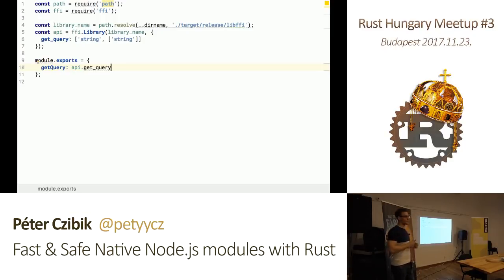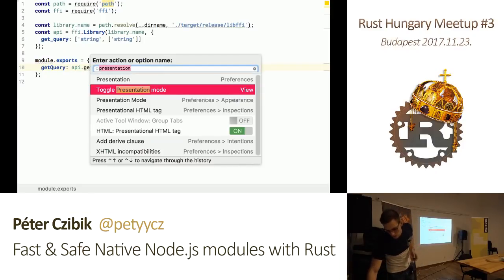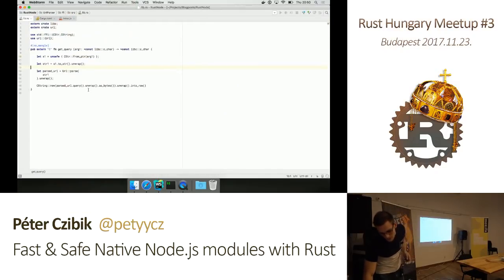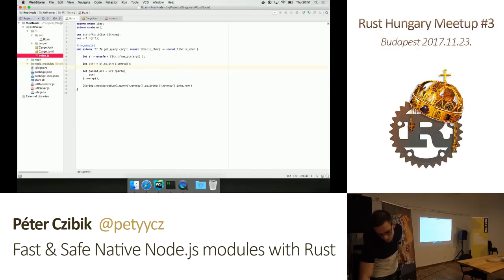And then we can just expose it as any other node module that we would do otherwise. So this was the FFI part, and you can see if we go back to the implementation that there's quite some serialization that we have to do over here.